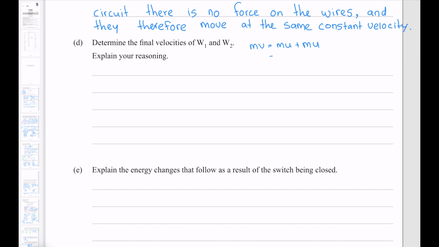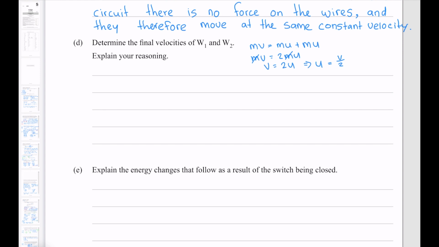And that just gives us mv equals 2mu. If we divide our mass out, we just get that v equals 2 times u. Or in other words, our final velocity u is equal to v over 2, meaning that the velocity of the wires afterwards is half the velocity of that initial W1 wire.